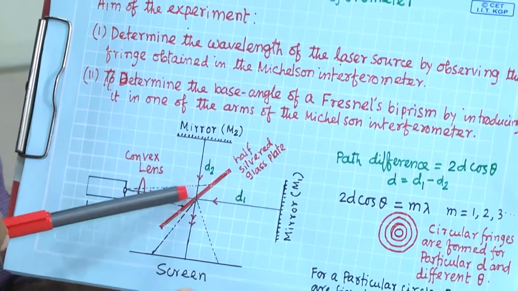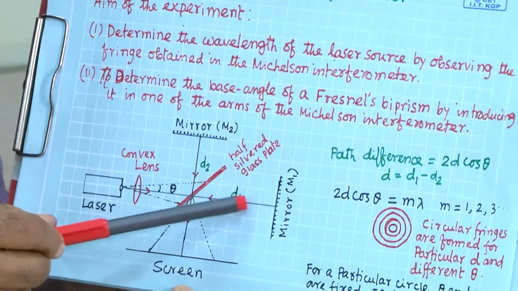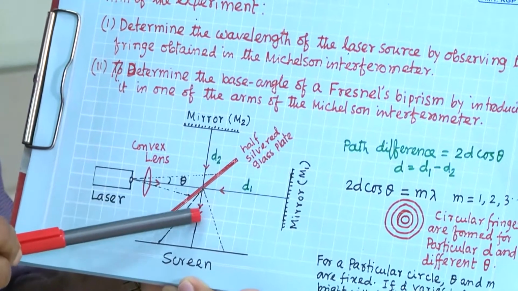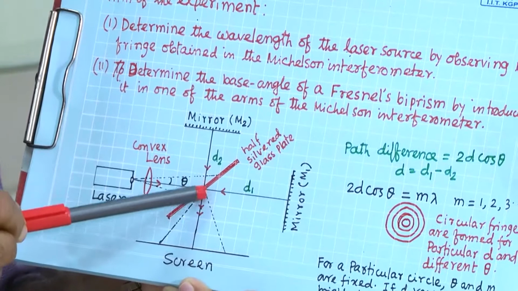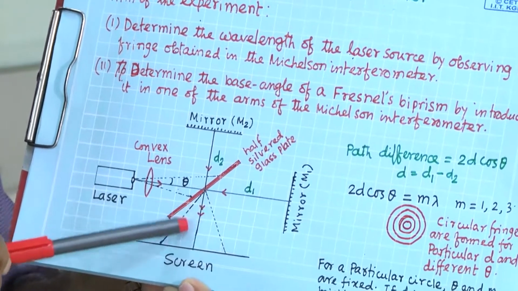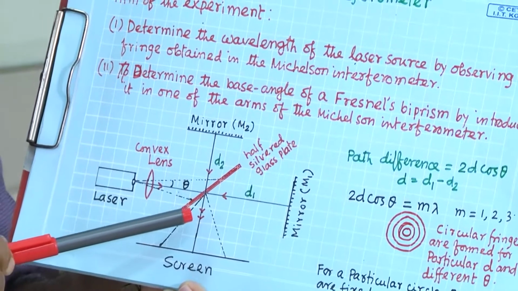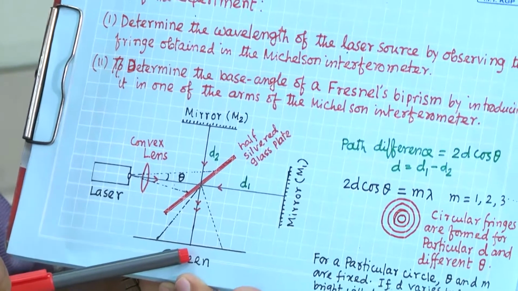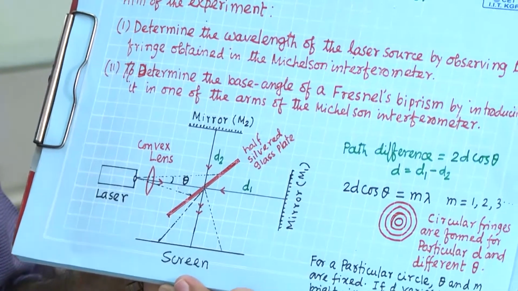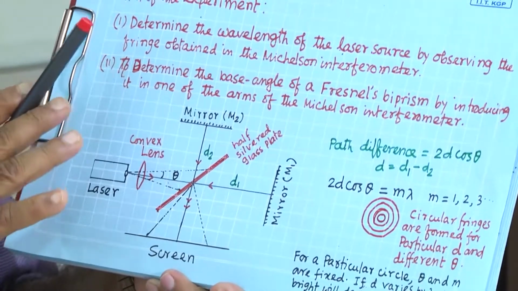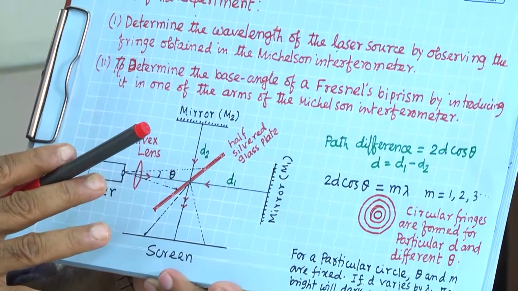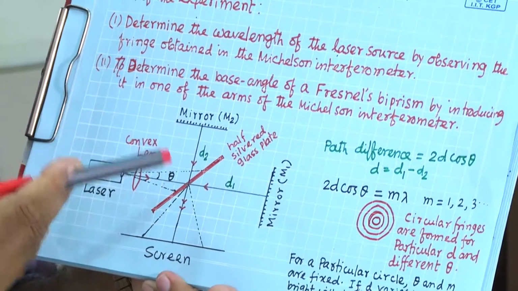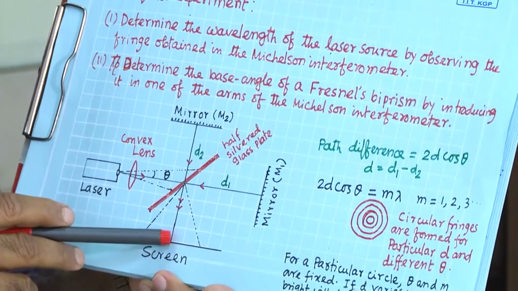These two rays travel their paths and come in this direction, and they will interfere and form the interference fringes. This is the mechanism for interference between two coherent sources.